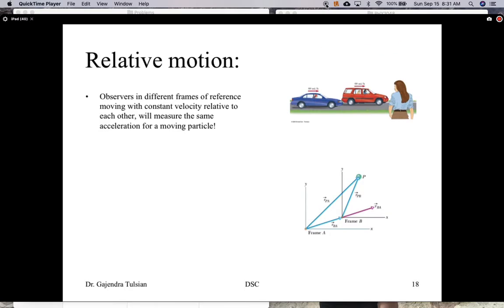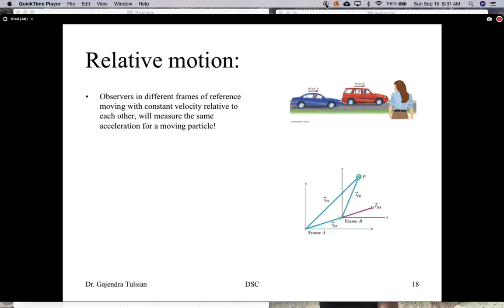Okay, all right, so here's how we do it. Here's a frame of reference. You can think of it attached to her, and that frame of reference is at rest. And frame B could be attached to this car, which is moving at constant velocity, like that. All right, so let's say this is a bird, and she sees the position of the bird as RPA, and this person sees the position of the bird as RPB.